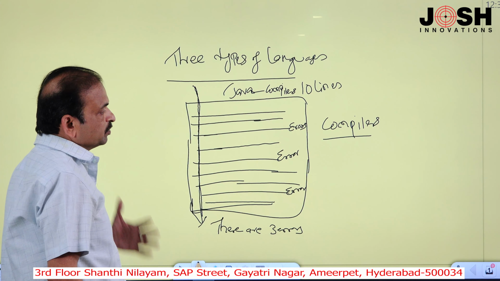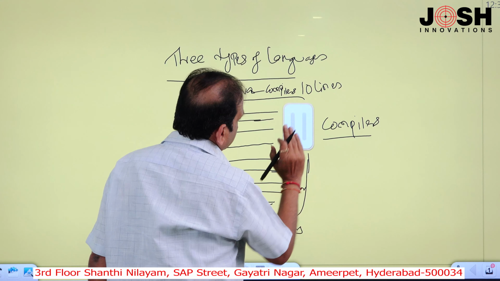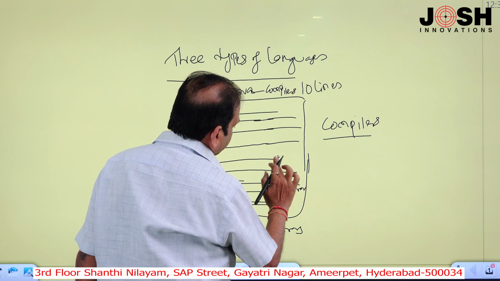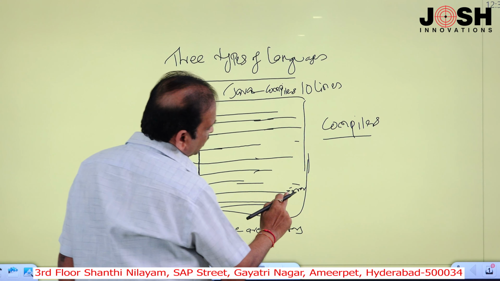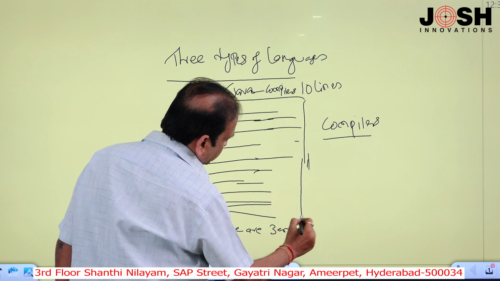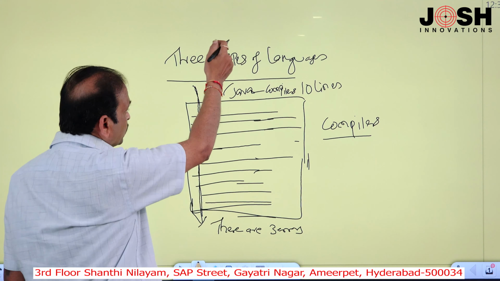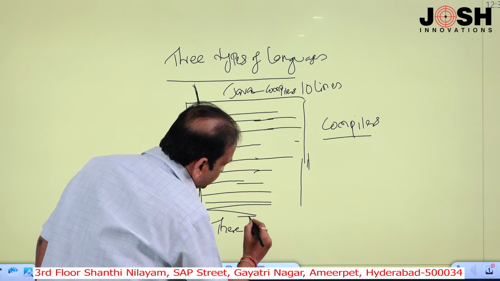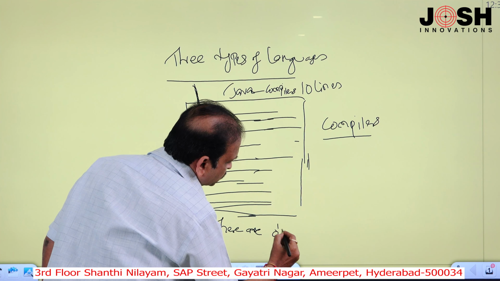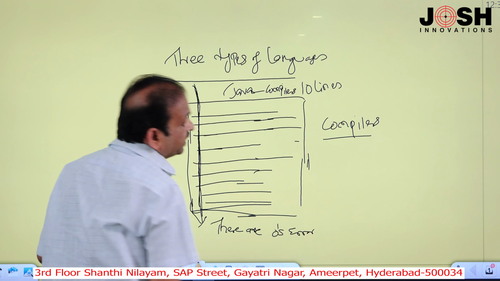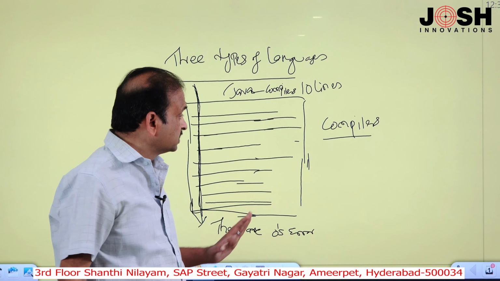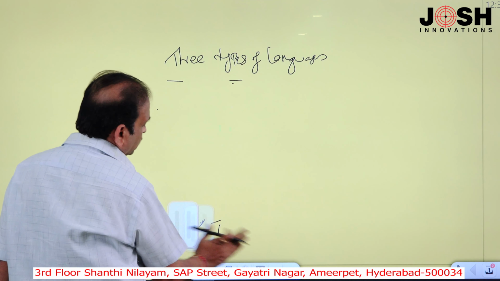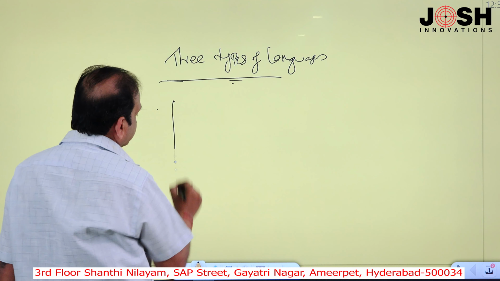As a programmer, we rectify these errors one by one. When we compile again from line number 1 to the last line, it shows there are 0 errors. The program is perfect, and now I can execute it. This is a compiler. Now, what about an interpreter? For example, now I will write one program using an interpreter.